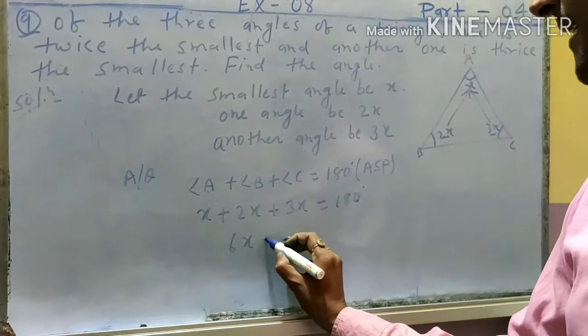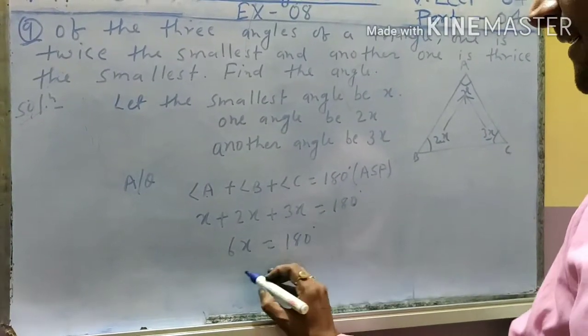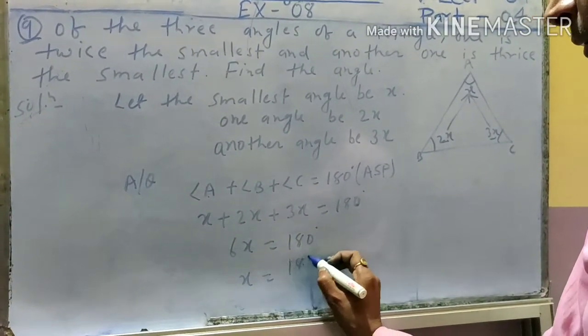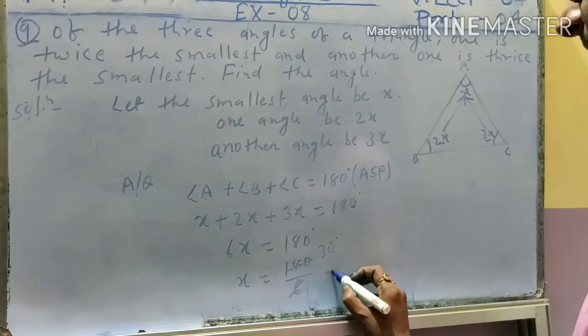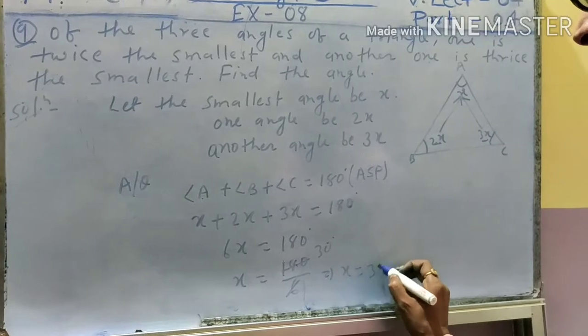So 6x is equal to 180 degree. Here x is equal to 180 divided by 6, 30 degree. The value of x is equal to 30 degree.